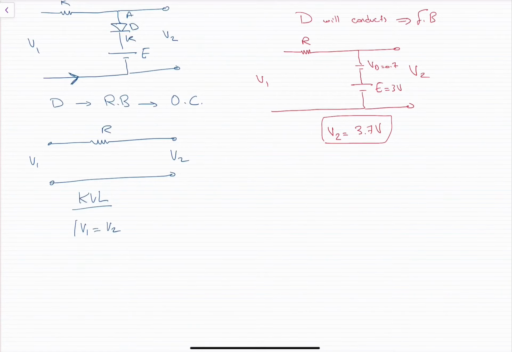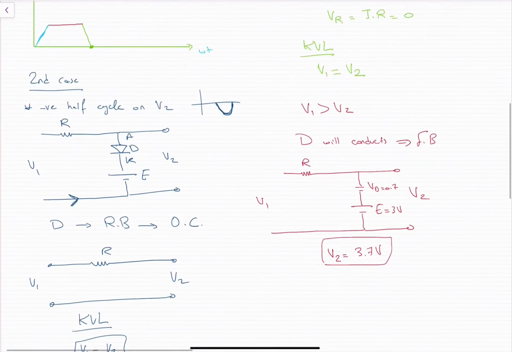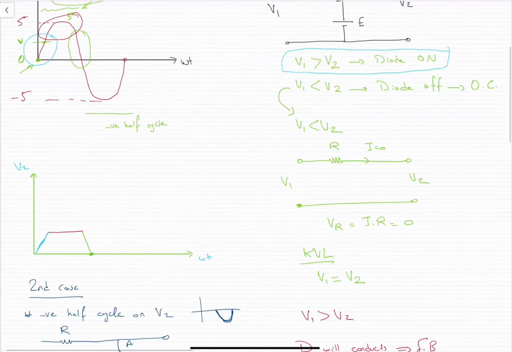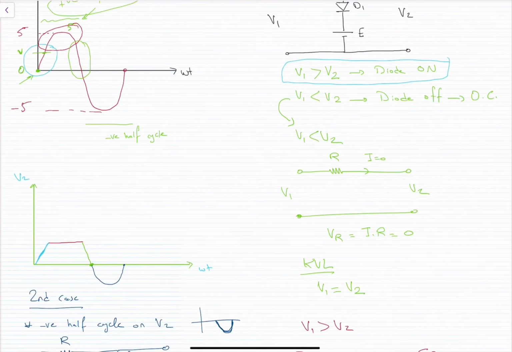This means that V2 will follow V1 in the rest of the graph. Now we are going to apply this circuit on LT-Spice in order to make sure that we will get the same graph and the same result.